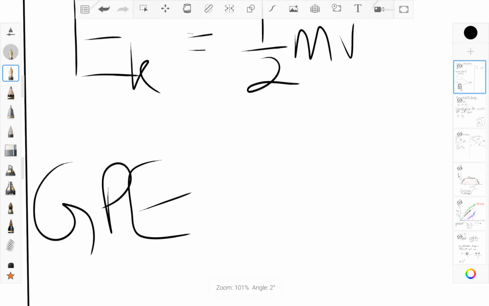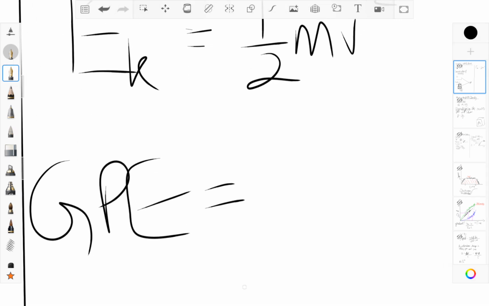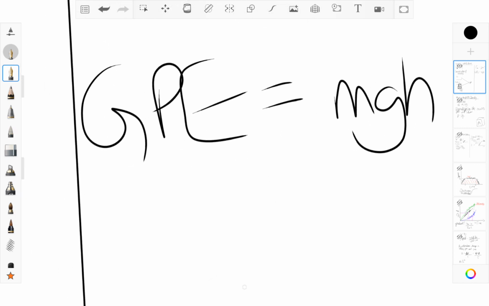GPE can be calculated using the formula mgh: mass times acceleration of free fall times the height. You can also call it EP, gravitational potential energy.